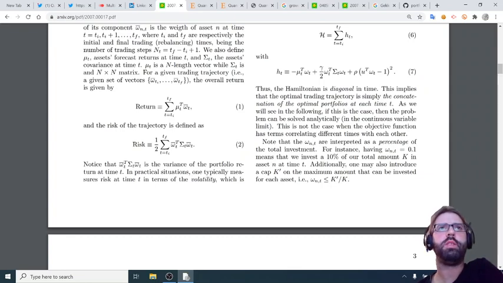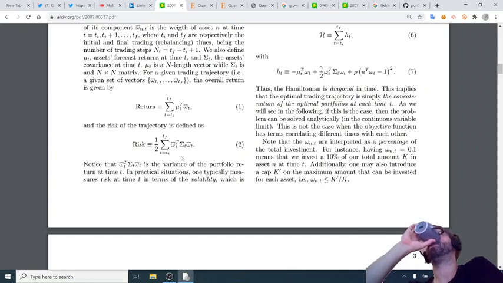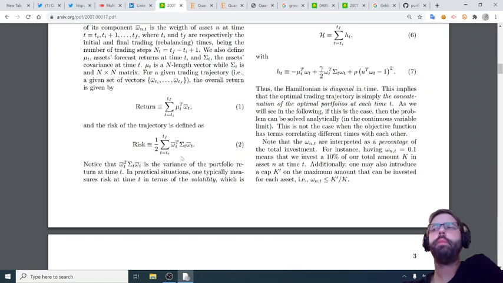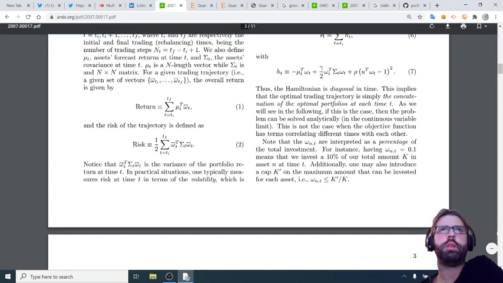I guess that just means these in column form, because if that's a matrix, that would, yeah. The variance of the portfolio. Return. Matrix.